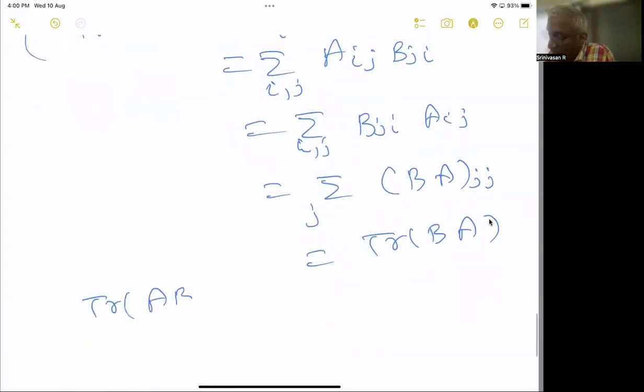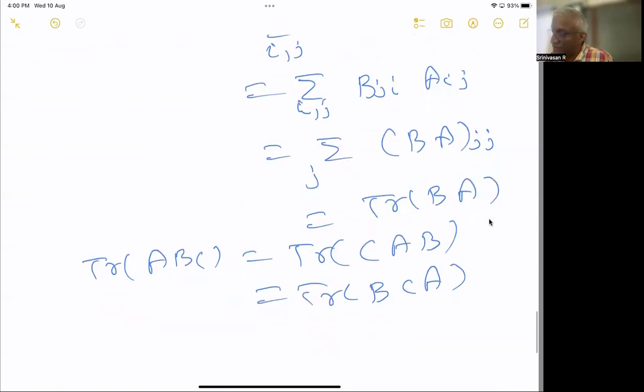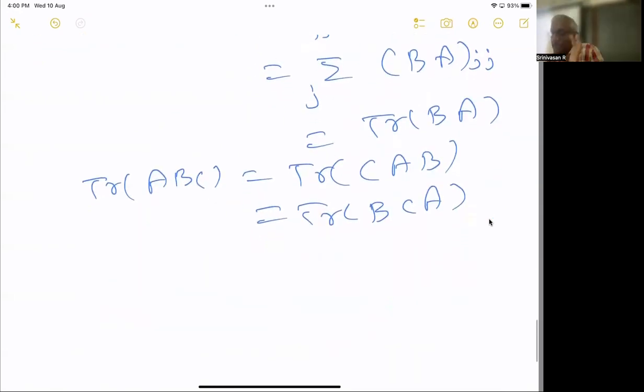Trace of ABC equals trace of BCA. You can only bring the one on the left to the other side. Any number of things, AB you can bring if you want. That's all.